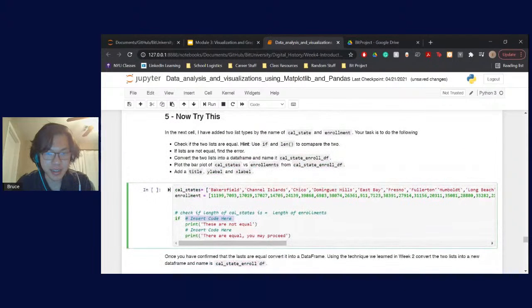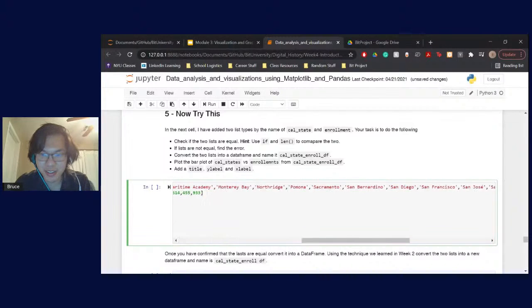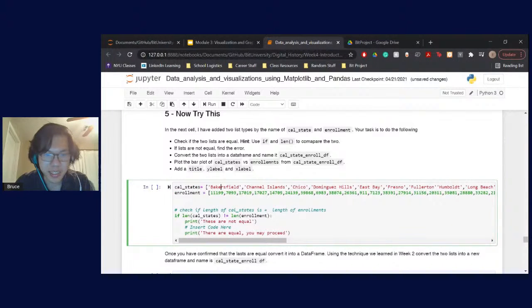We're saying that they're equal if their lengths are the same, right? So if the length of cal states is equal to the length of enrollment. What does this mean? If their lengths are not equal, then there's not a one-to-one correspondence between the enrollment data and the name of the school.